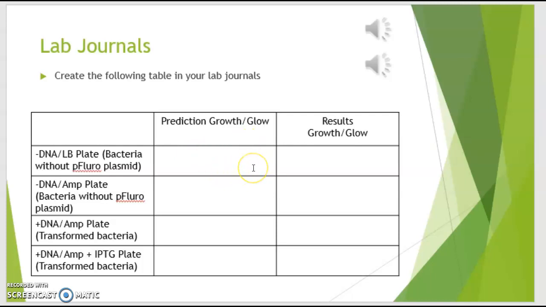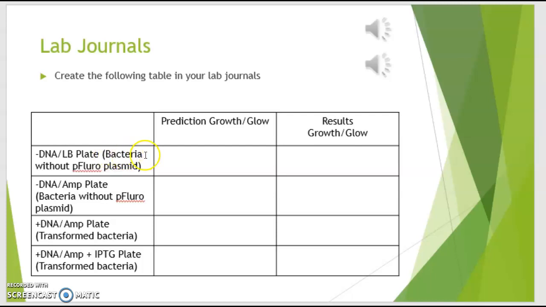Positive if you think the bacteria would glow, meaning it has a GFP protein being expressed and made, and negative if you do not think it would glow. Now, with that said, I want to explain this first column. It says it's an LB plate. An LB plate is just a normal Luria broth plate that only has bacteria food on it, and that's it.